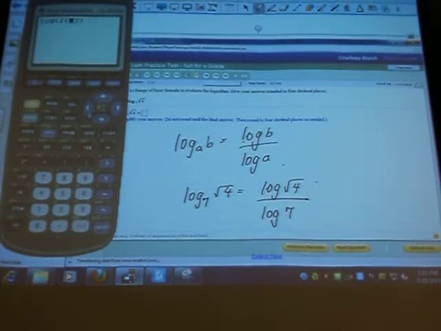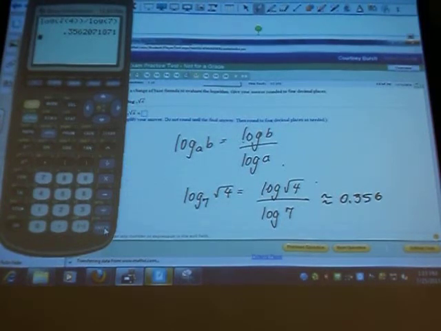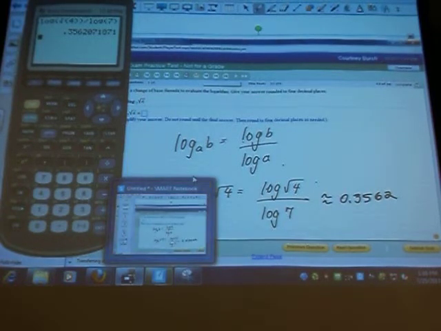And then divide by log of 7. You should be getting 0.3562.